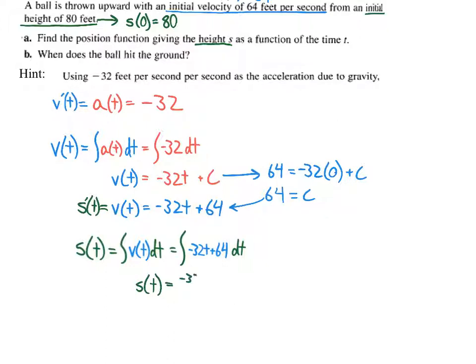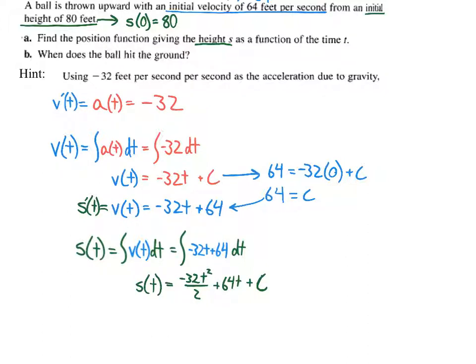You add 1 to the power, so it's t squared, and then you divide by the new exponent. The integral of the constant, we could think of it as t to the 0, so if I add 1, it's t to the first, divided by 1 is just t. And then we have this plus c.